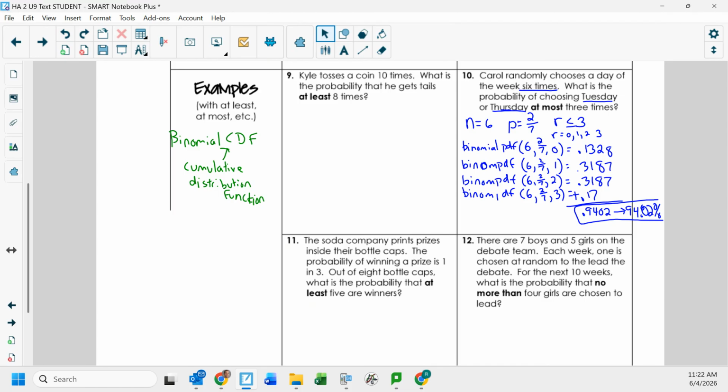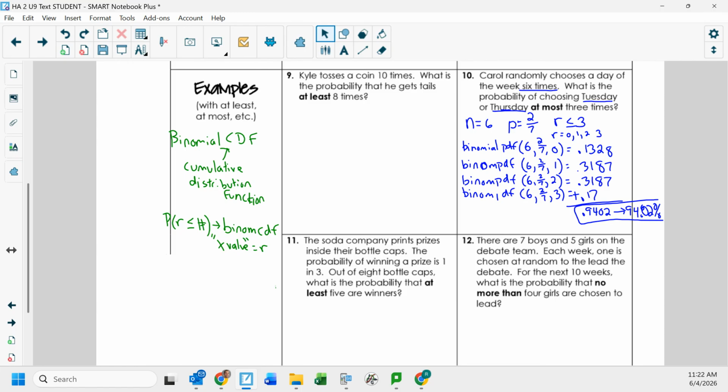That's what CDF stands for. And if you're trying to find the probability of r being less than or equal to a number, such as what we were doing here, r less than or equal to 3, our x value in the calculator is whatever our r is. In this case, our r was 3.